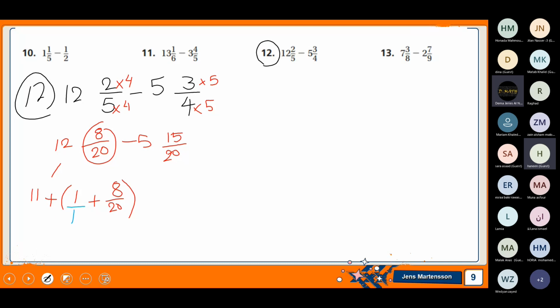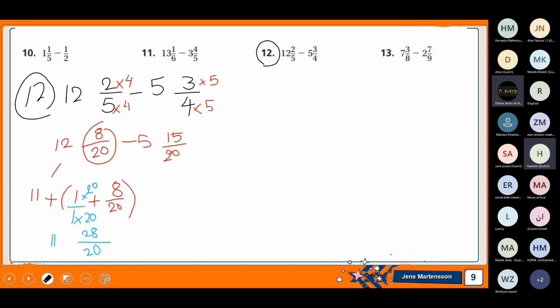No. The denominators are not the same. So you multiply 1 by what? 20. 20, bravo. So 20 over 20 and 20 plus 8, 28 over 20. Thank you.